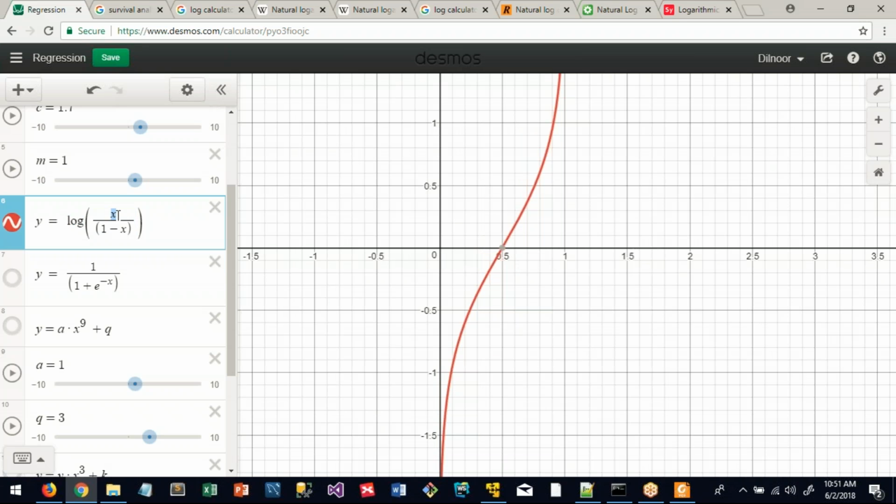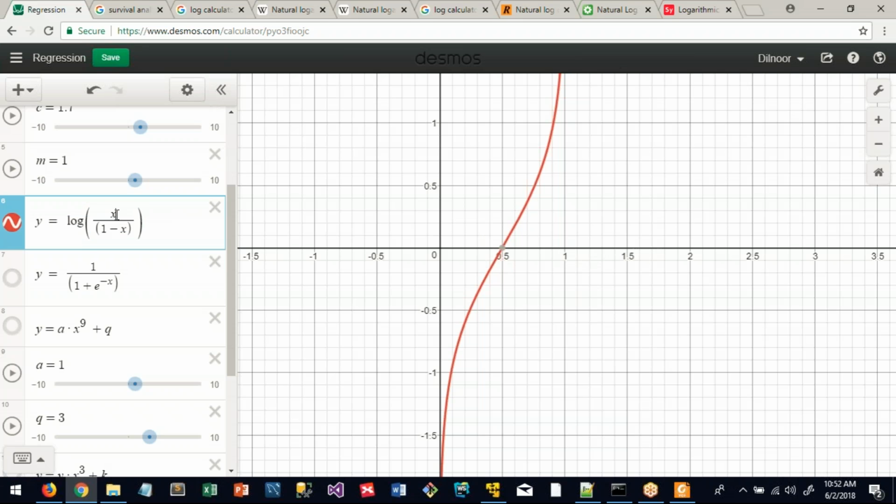For any value of x greater than 1, the result of this equation is a negative number. If we choose x equals 3 here, 3 divided by 1 minus 3 is minus 1.5. Logs of negative numbers do not exist, so this whole thing becomes incorrect. So we cannot use it. That is why there's no value of x going beyond 1 here.